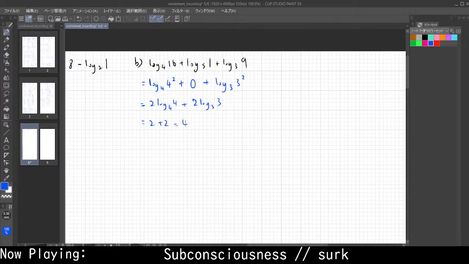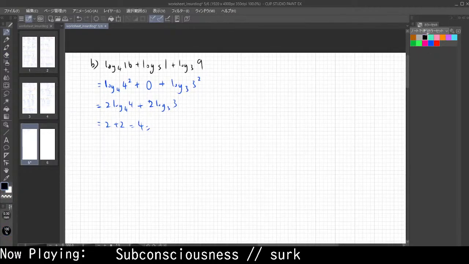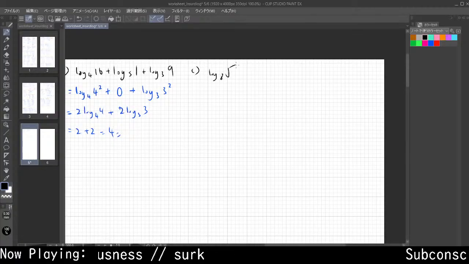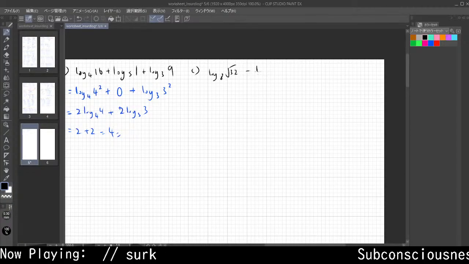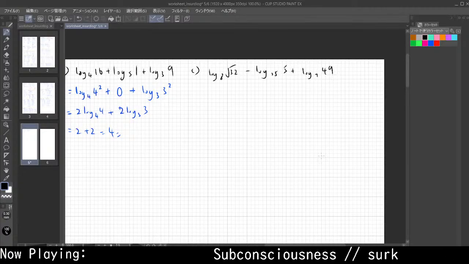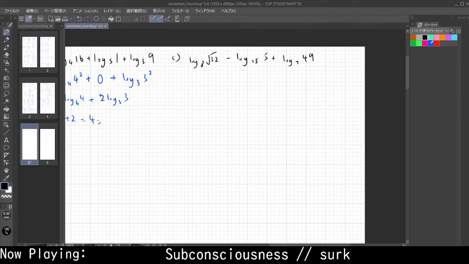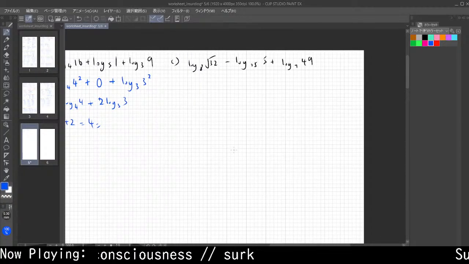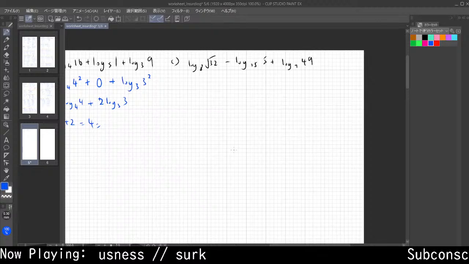Yeah, okay, simple answer. Okay, C is log base 8 of square root 32 minus log base 25 of 5 plus log base 7 of 49. So what you want to do here is as follows. You see the base is not the same, so combining is out.